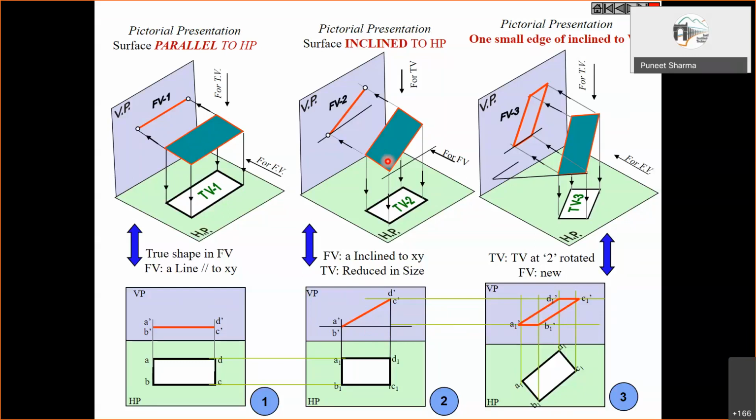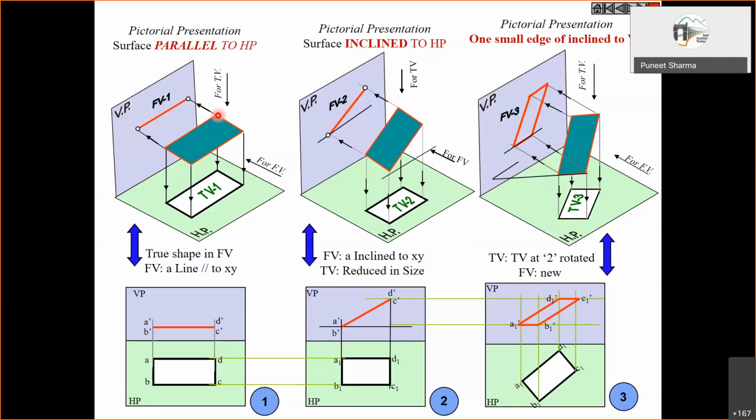So when this change takes place, you can see the distances of this corner point, this corner point, this corner point, this corner point, that is, the distances of all these corner points from the vertical plane, will remain the same in this figure as well as in this figure, right? The distance from here up to this vertical plane is not getting altered.